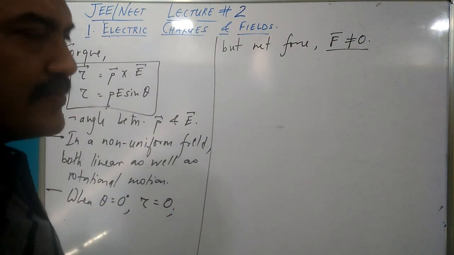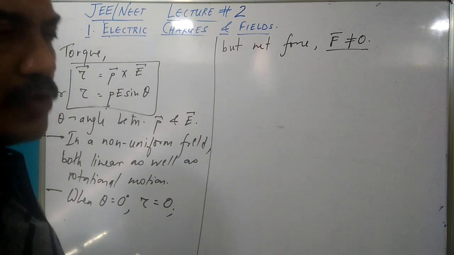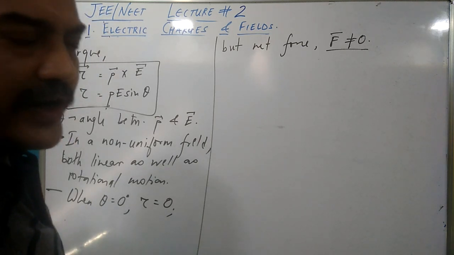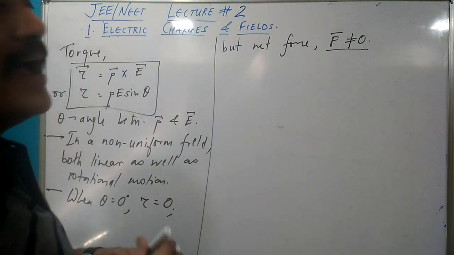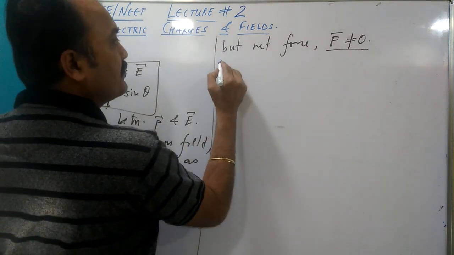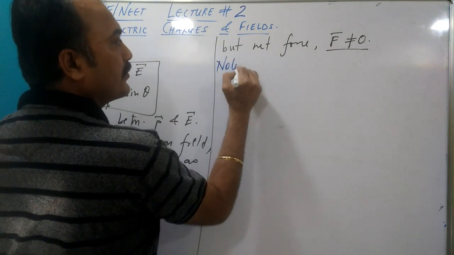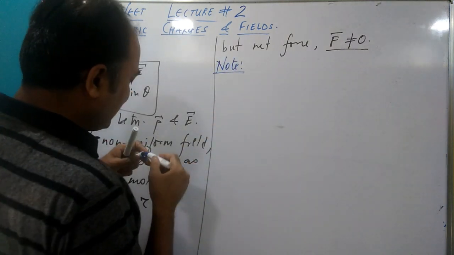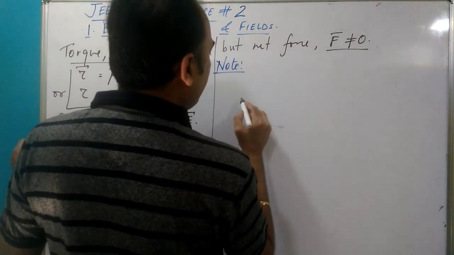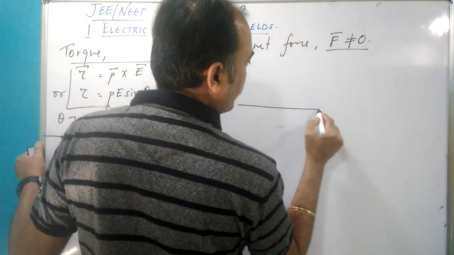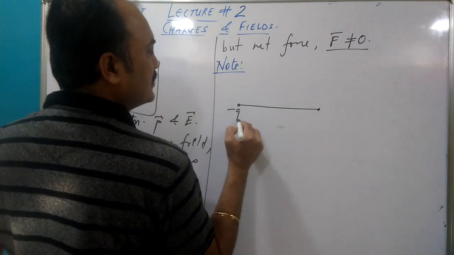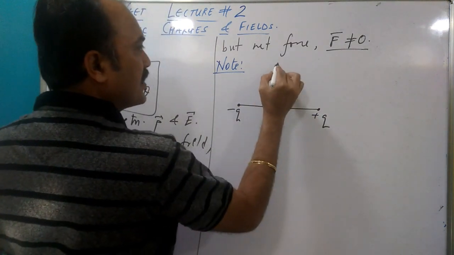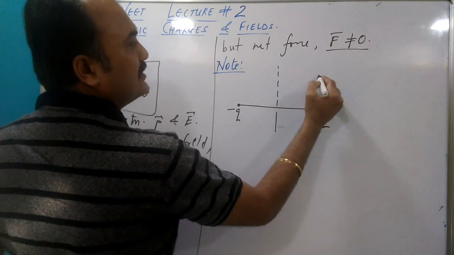Now what if you ask me, sir, if the point is not at the axis, it is not even at the equator, what would be the equation for electric field? I put that as special in a note. So for example, I have this dipole out here. So this is minus q, let us say this is plus q. And this is the point.